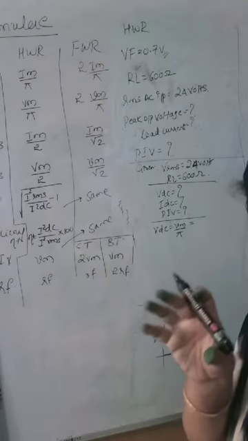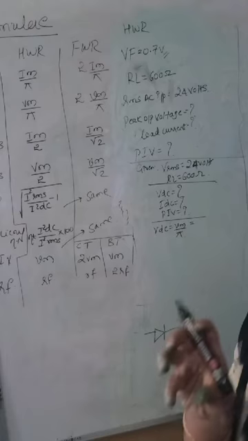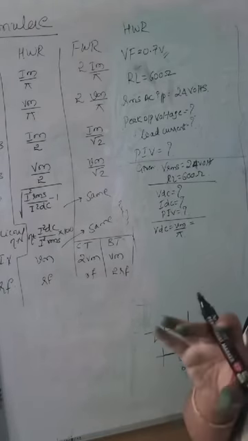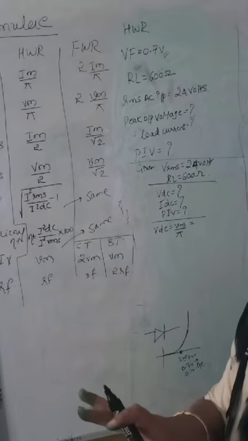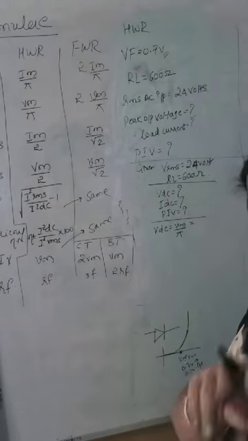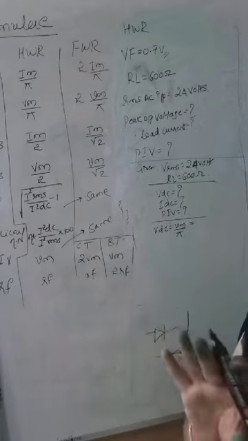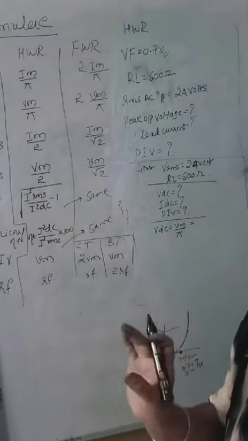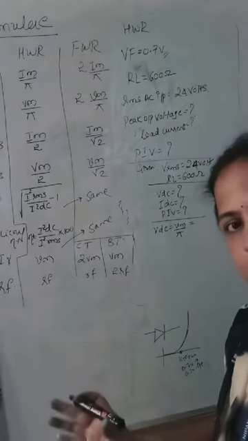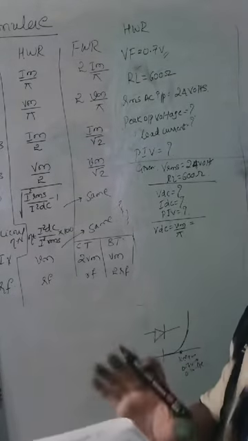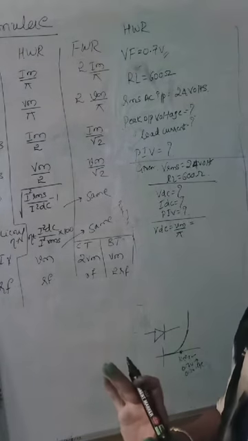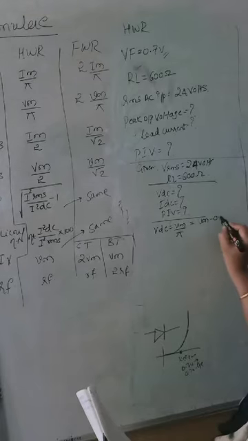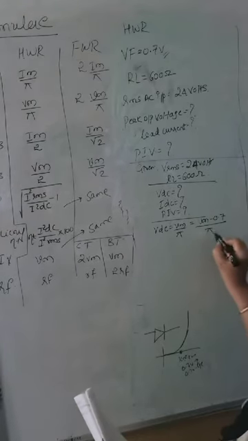The knee voltage, forward breakdown voltage, is 0.7 volts, so we should consider that till 0.7 volts it was not conducting. It starts conducting only from Vm minus 0.7 volts. So wherever we have to apply Vm, we should now consider Vm minus 0.7.